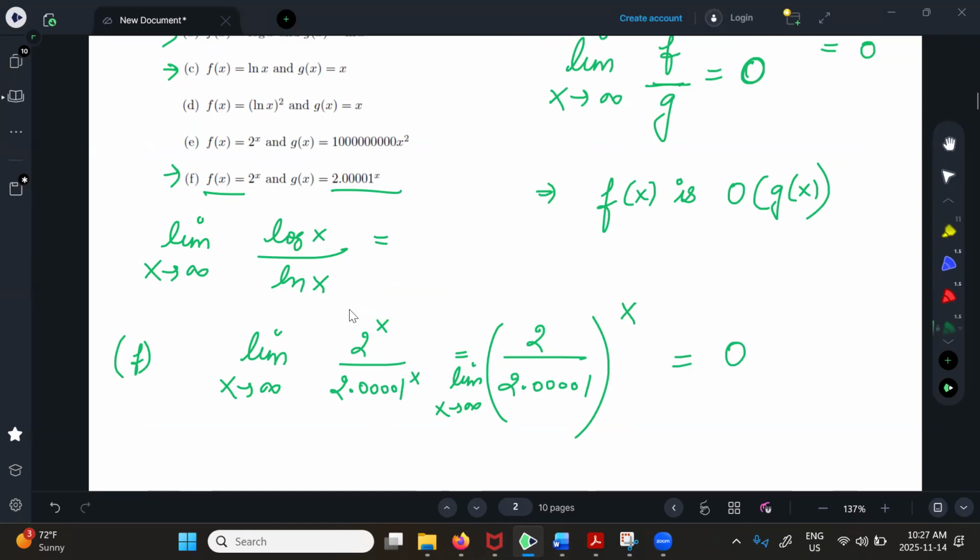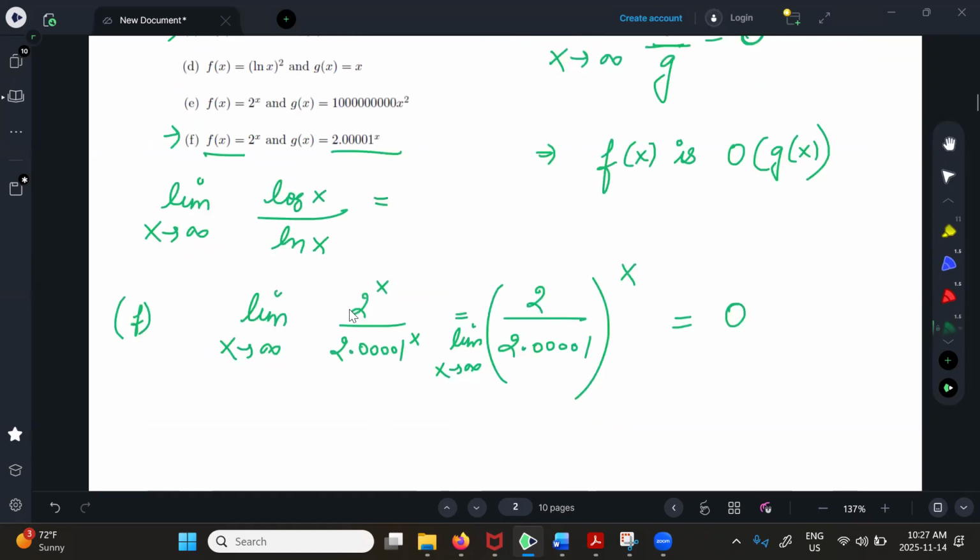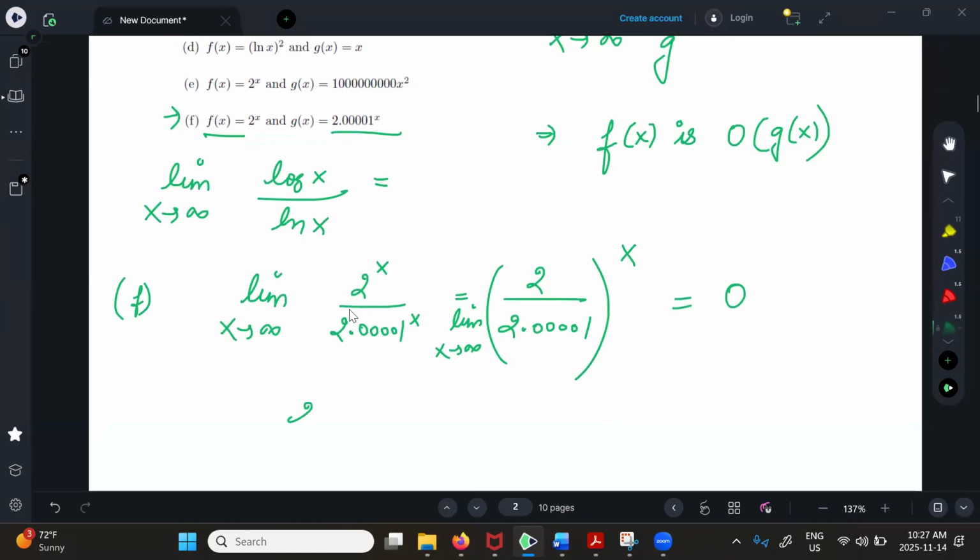Just remember this, okay? You don't have to do any calculus in this course, but remember this, it's the most important thing. Show this. So by limit definition, 2^x is big O of 2.0001^x. I just want you to be aware that if I ask for the limit definition, you should be able to show this.